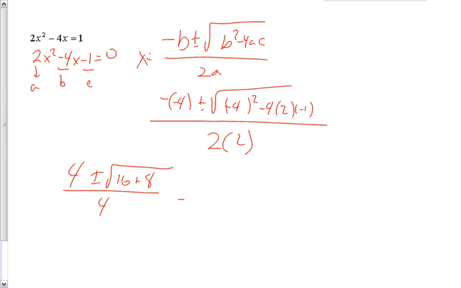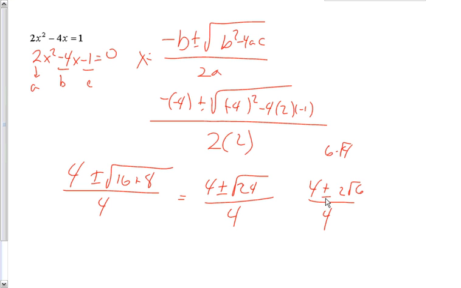That's 4 plus or minus the square root of 24 over 4. The square root of 24 is 6 times 4, so that's 4 plus or minus the square root of 4, which is 2, times the square root of 6, over 4. Now, does anything go into all of them?